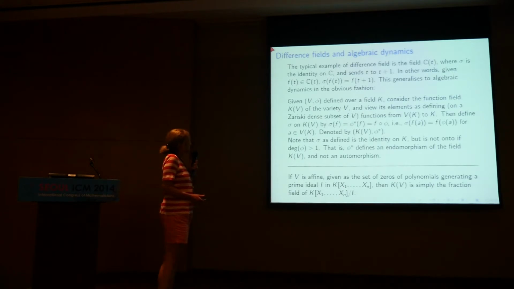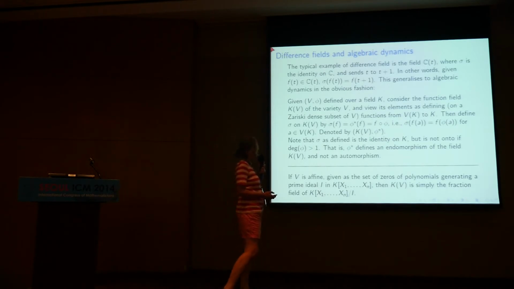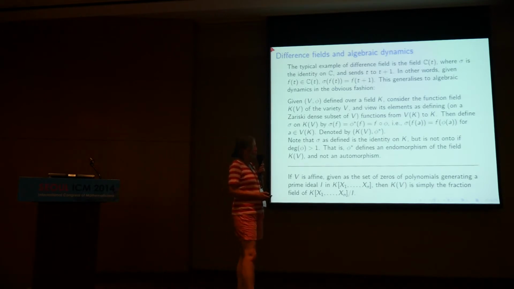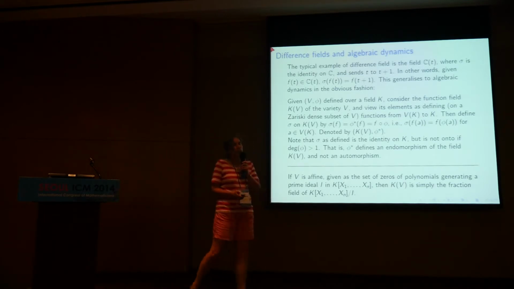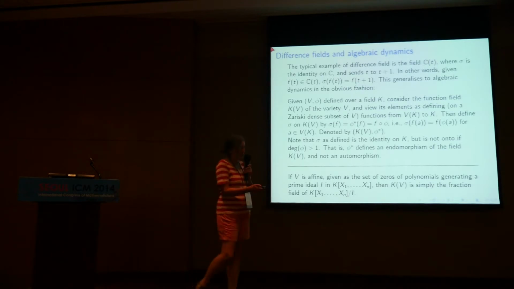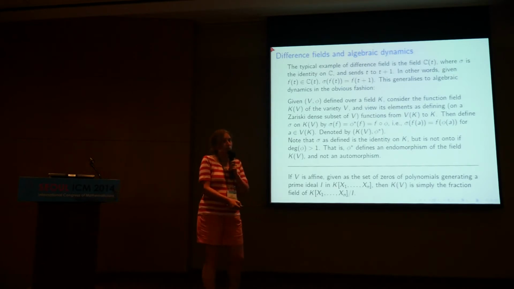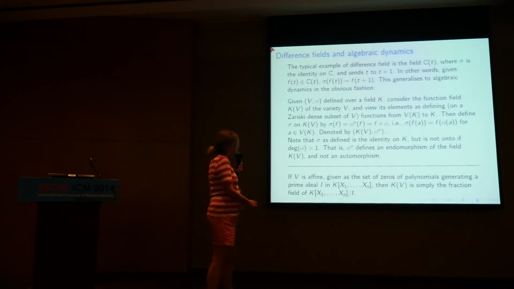Right. Okay. So there is an invariant which is called the degree, and which equals the degree of K(V) over the image by phi star of K(V). So that's the connection between the two objects.